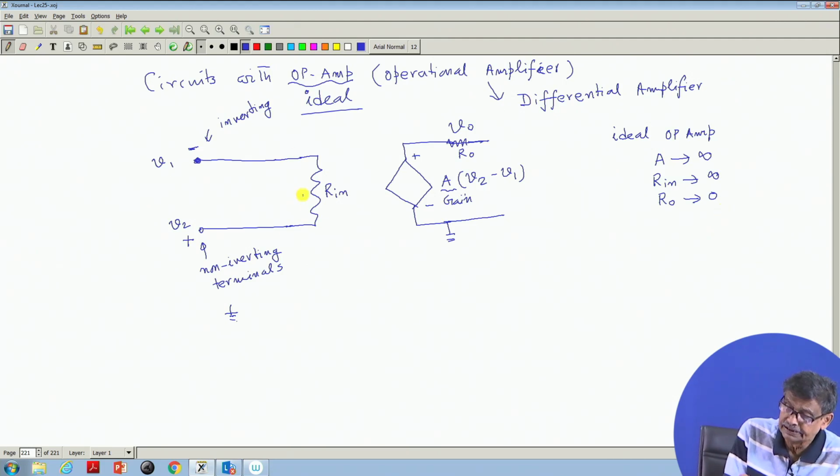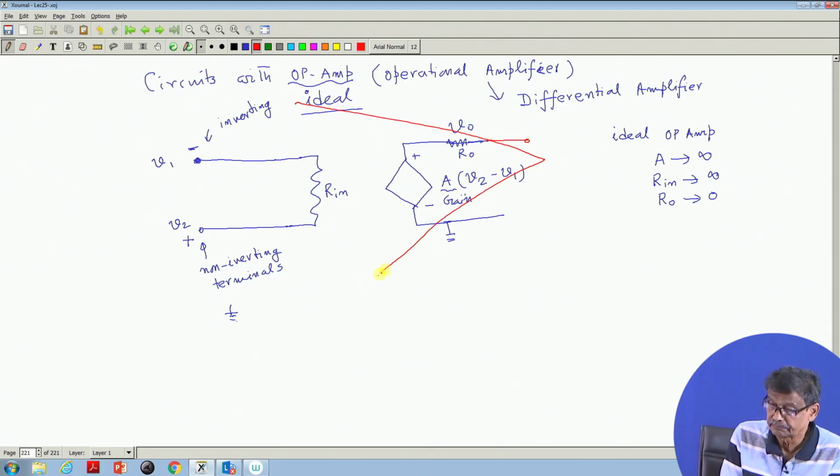So this is the op-amp. Some people will draw it like this, with these as the input terminals. This is how it will be shown: input terminals and the output terminal.